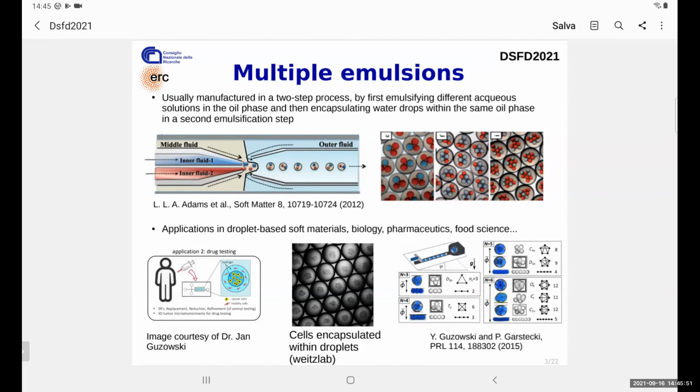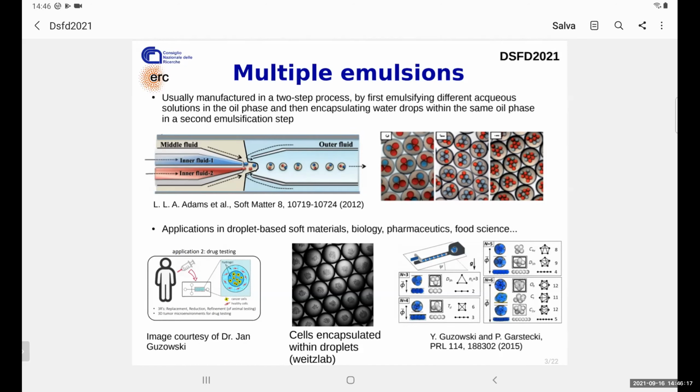There is a first emulsification step in which the blue and red droplets are produced from these bores, these tubes, inner fluid 1 and inner fluid 2. And then they are encapsulated within the middle fluid, which can be, for example, oil. And then there is a second emulsification step. This is of course a sketchy view. And then you get a final emulsion, for example, a two-core emulsion flowing within the outer channel.